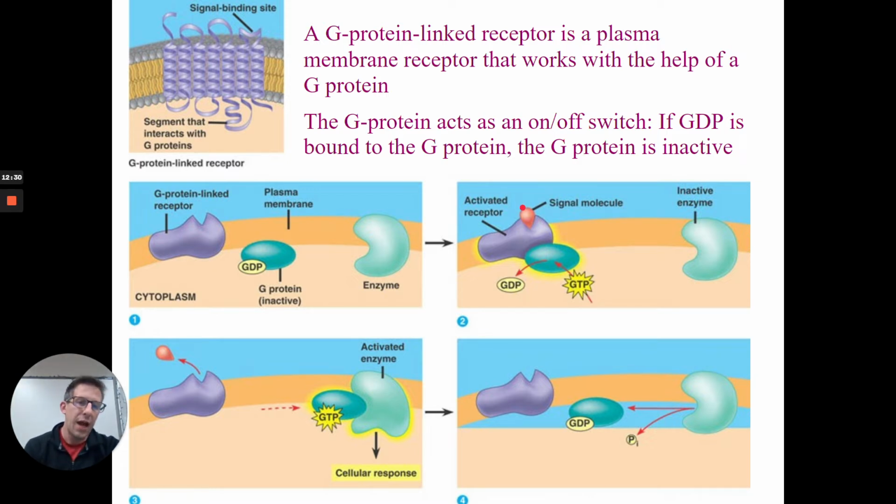Now, one thing we notice here is that there is a change in the G protein linked receptor from picture to picture. If you look at this purple molecule here and compare it to this molecule here, you will notice there is a distinct change. Let me pull up my drawing tool here.